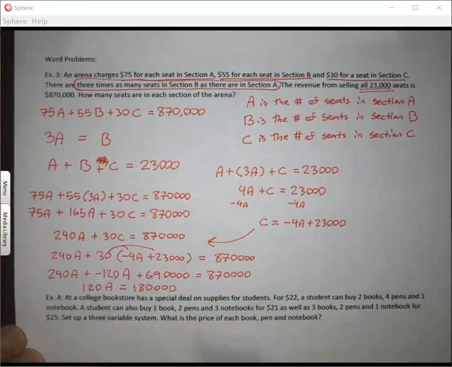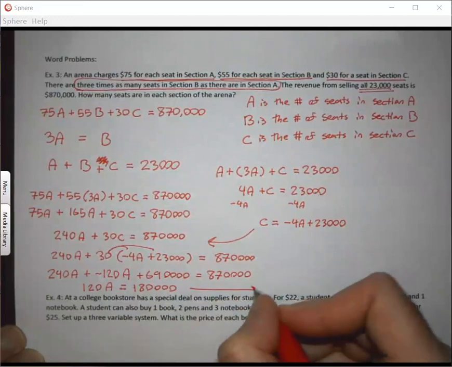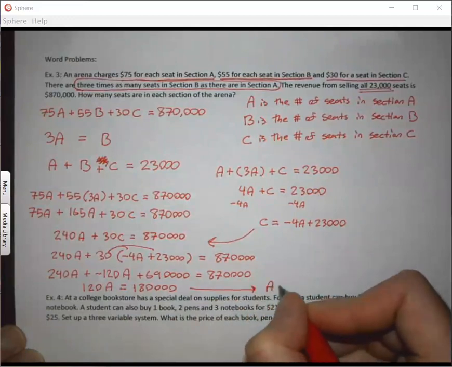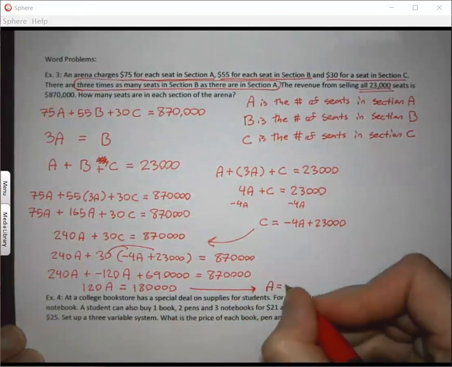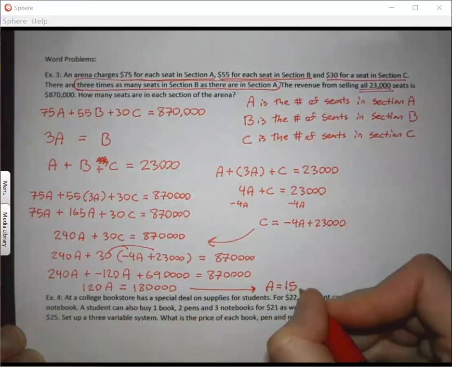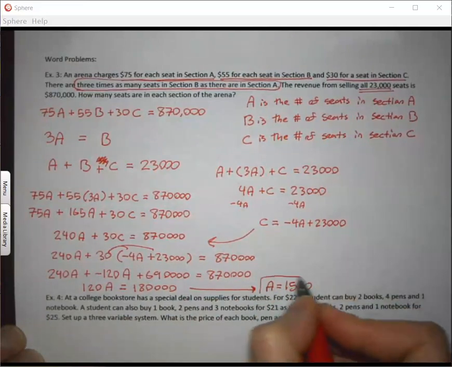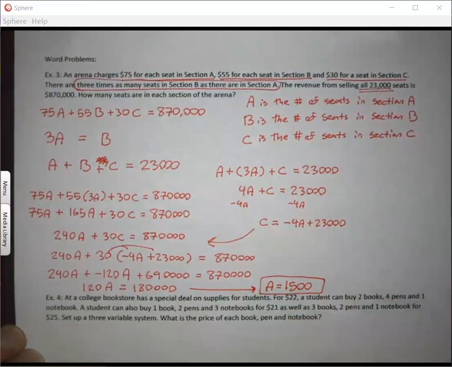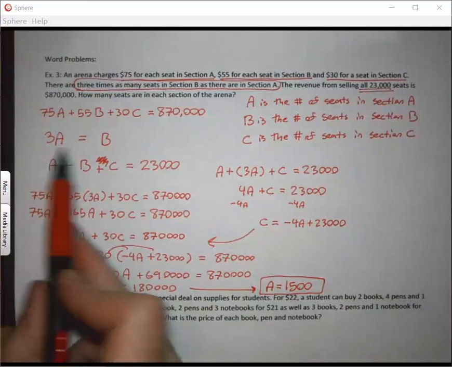Divide both sides by 120. So now that I know A, I can actually go back and find B. Pretty easy.